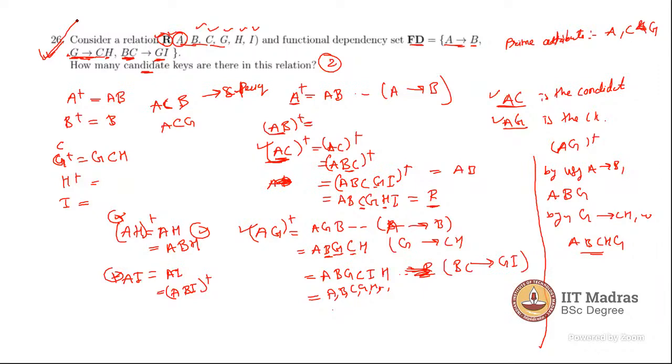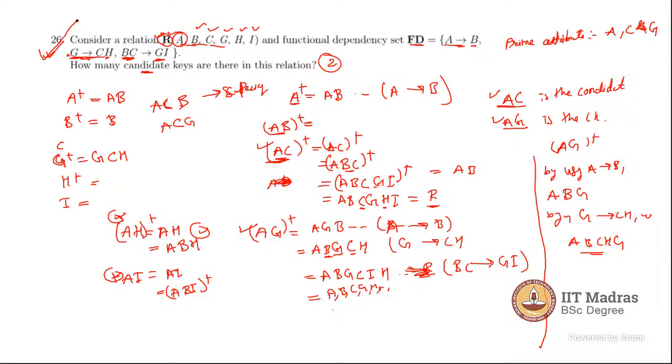At first, tell me what is the property of a candidate key in terms of closure set? If you have watched the lecture, K determines R, and there is no subset of K which can determine R.